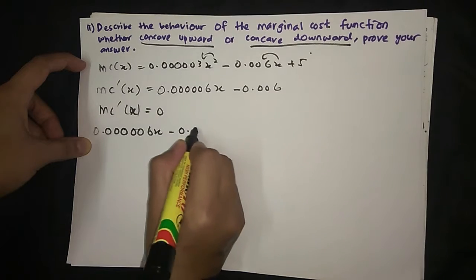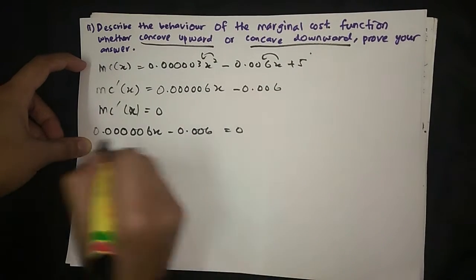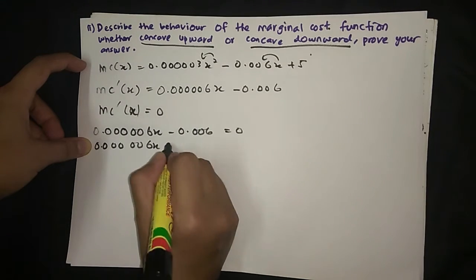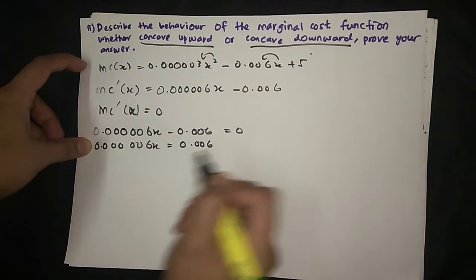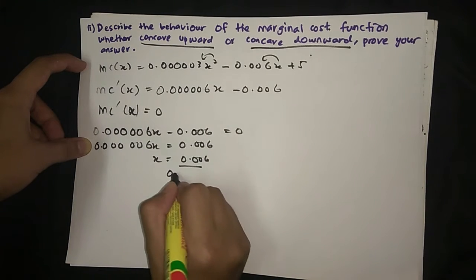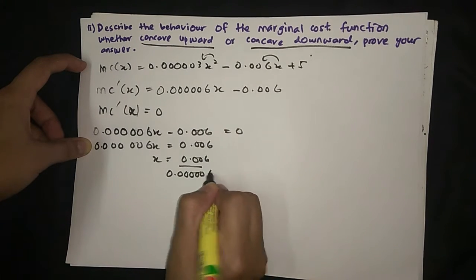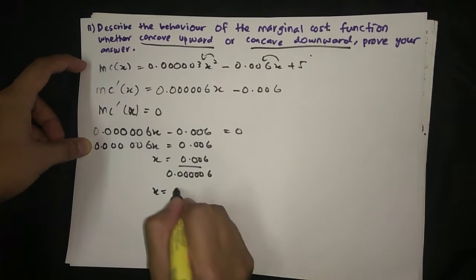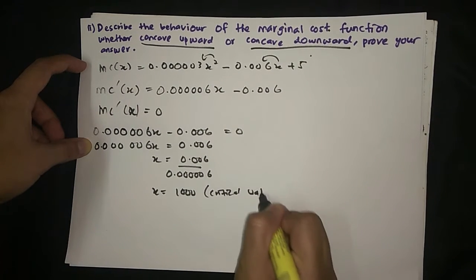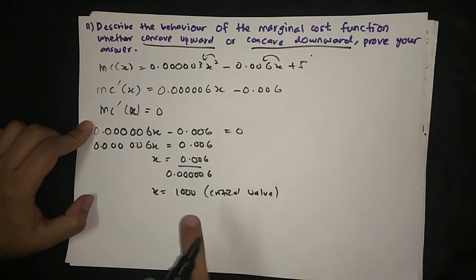So here we do math. Just like usual, we move the term across. So 0.00006x equal to 0.006, so x becomes 0.006 divided by 0.00006, which is equal to 1000. So 1000 is the critical value for this MC function.